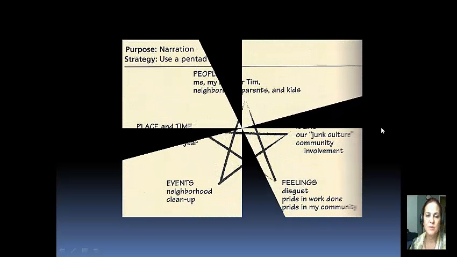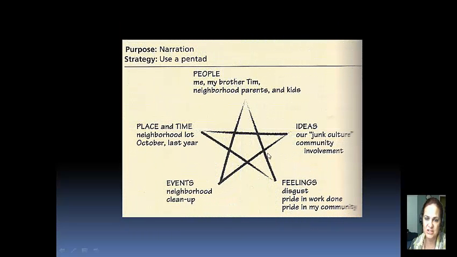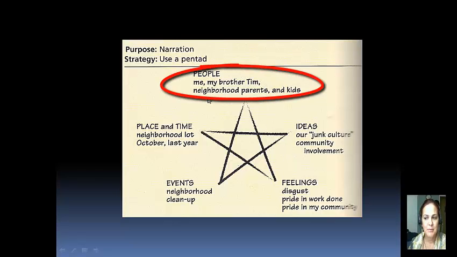The last one is the pin tag strategy, where you draw a star and then put five ideas or topics that relate to your main topic. Our main topic is the vacant lot. First, this person put down people: me, my brother Tim, neighborhood parents, and kids.